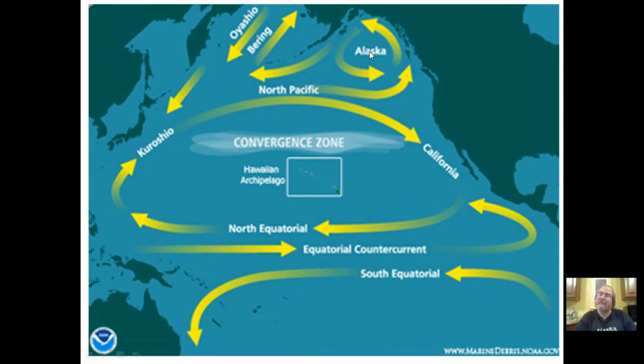That means this is going to be a divergent zone in the center at the surface with upwelling, and no surprise, the Gulf of Alaska is very productive waters. For open oceans, probably has some of the highest productivity of all the oceans.